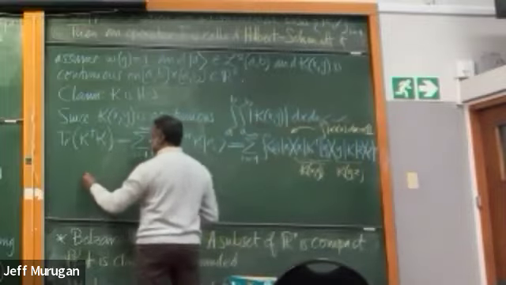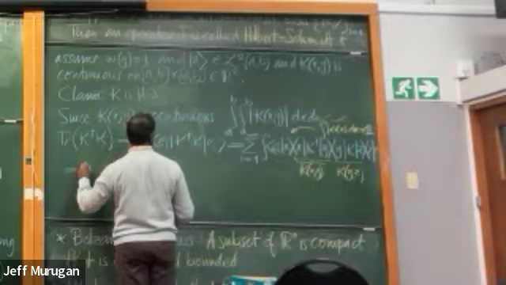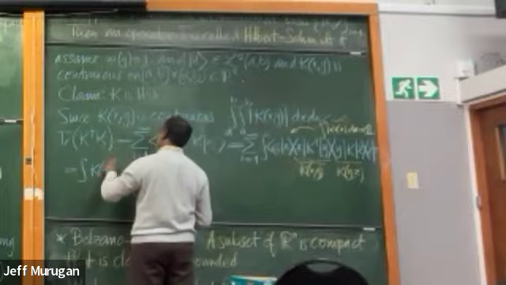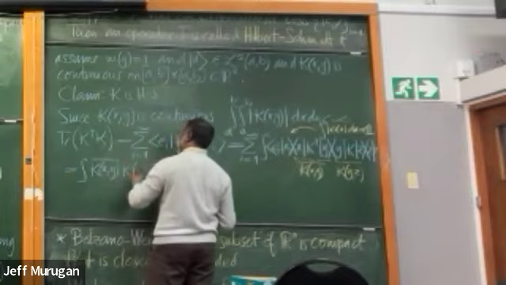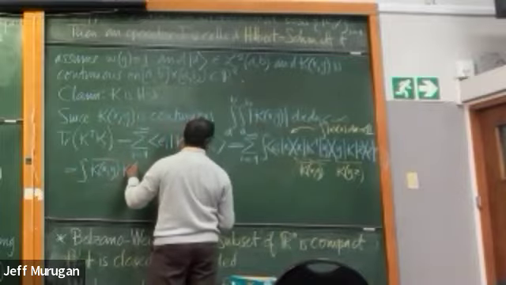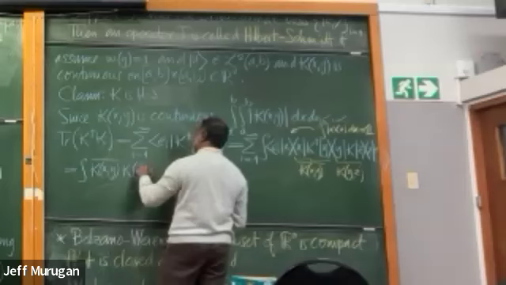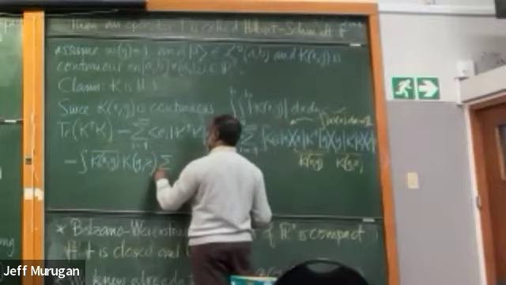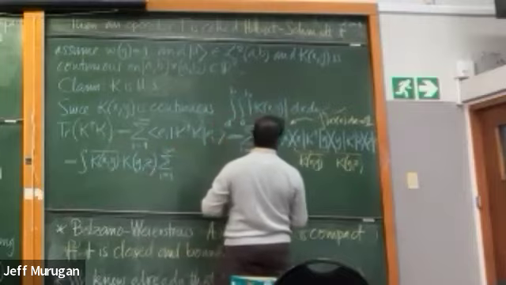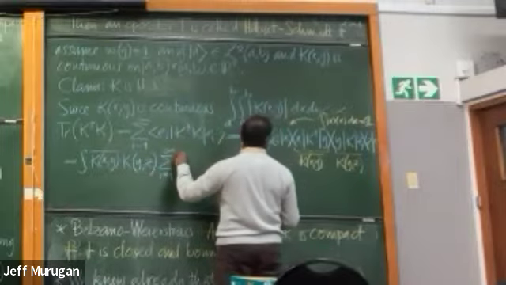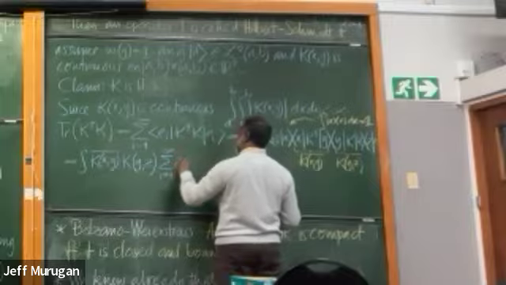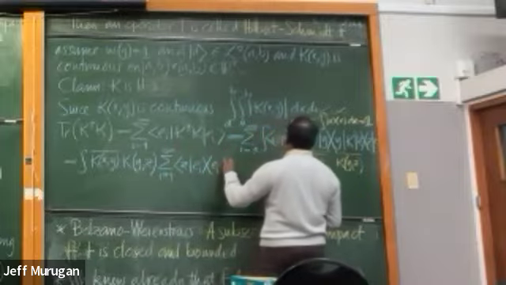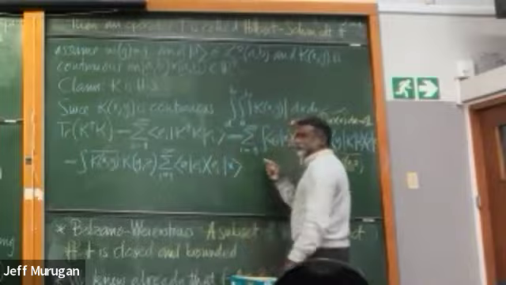So this is the integral of K of x, y conjugate, K of y, z, and then I have the sum over i equals 1 to infinity of the inner product of z with e_i, and e_i with x.